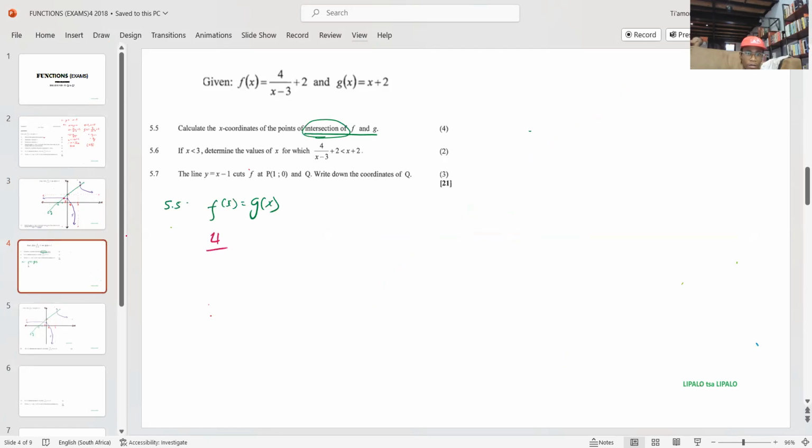So I'm going to have 4 over x minus 3 plus 2 is equal to x plus 2. I have 4 over x minus 3 being equal to x.